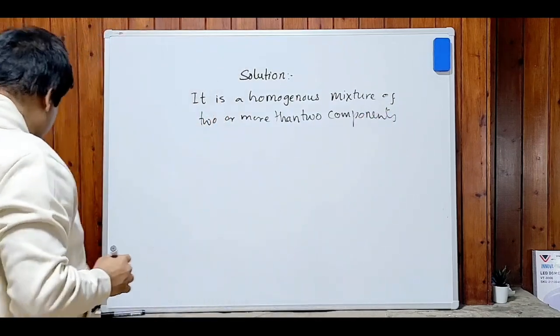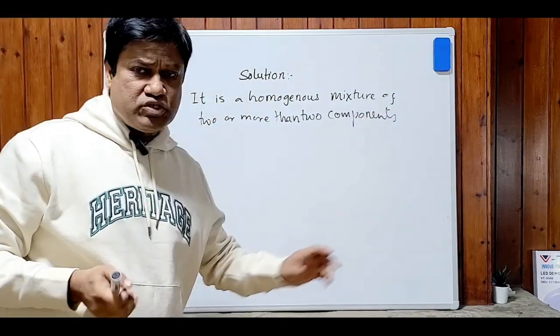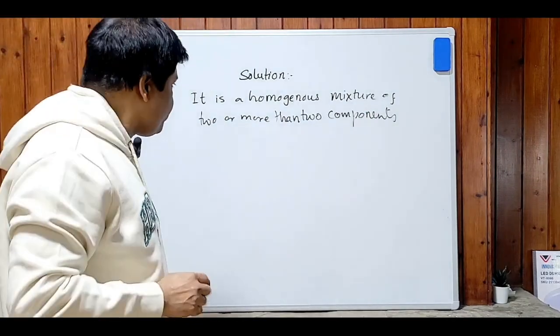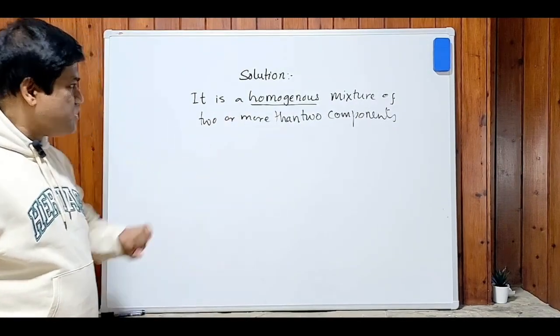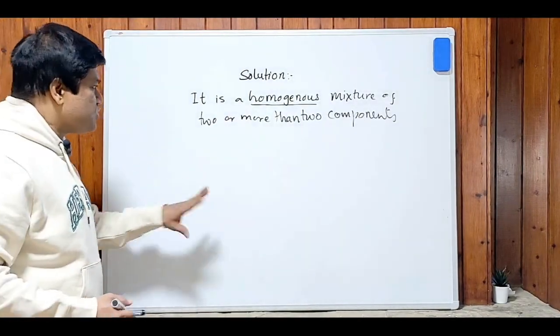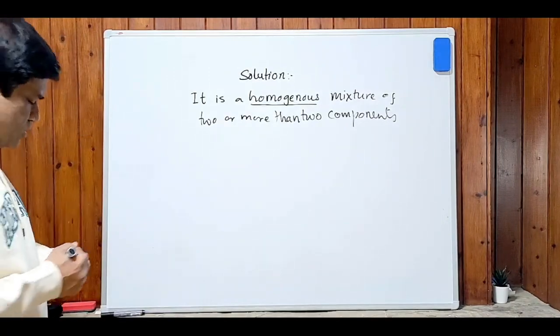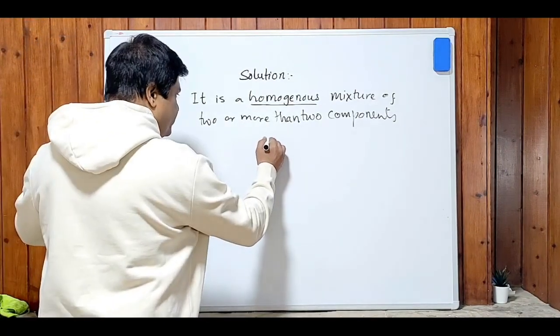Let's see what the components are. So it is a homogeneous mixture of two or more than two components. What is the meaning of homogeneous? Look at the homogeneous. What are the components?